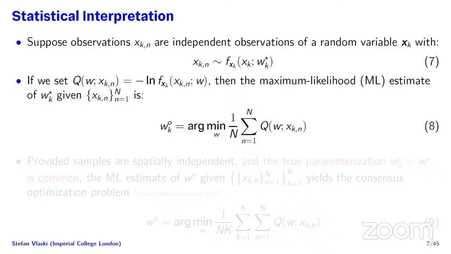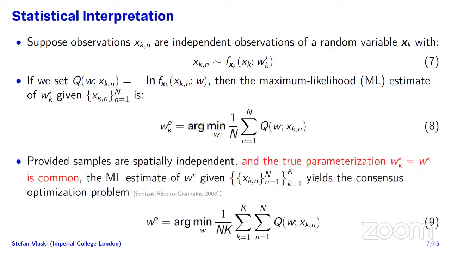Suppose that your local data, x_kn, are independent observations of some random variable x_k that follows some distribution parameterized by this vector w_k star. If you then define your Q's to be the negative log likelihood, then the local maximum likelihood estimate is exactly the minimizer of this local risk function.